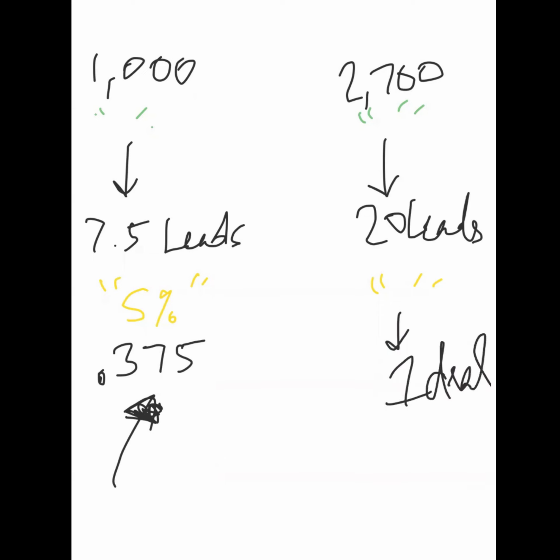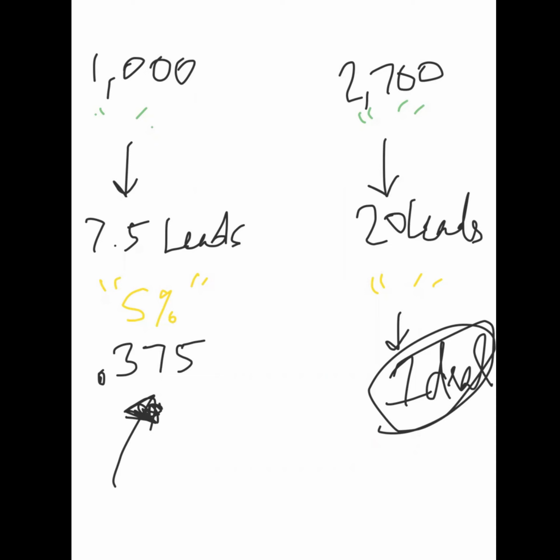Now we're still doing some math. Knowing this, we have to figure out what to do if we keep everything the same: if our response rate is always going to be less than 1%, and if our acceptance rate for our deals is going to be 5% or less.